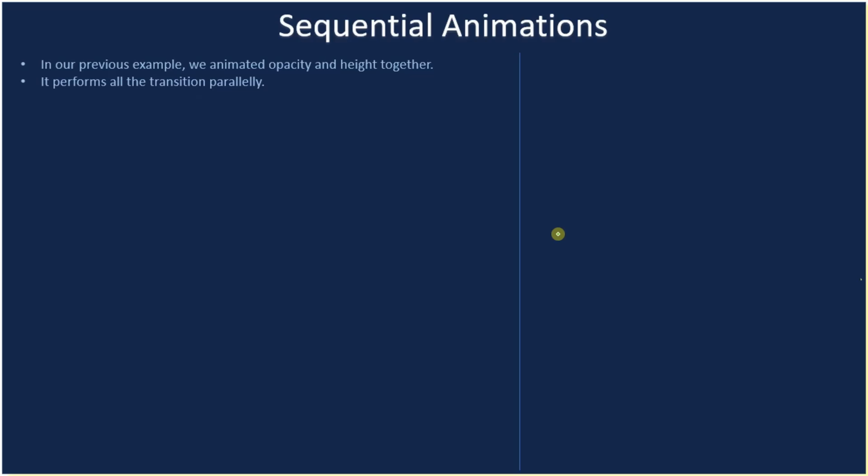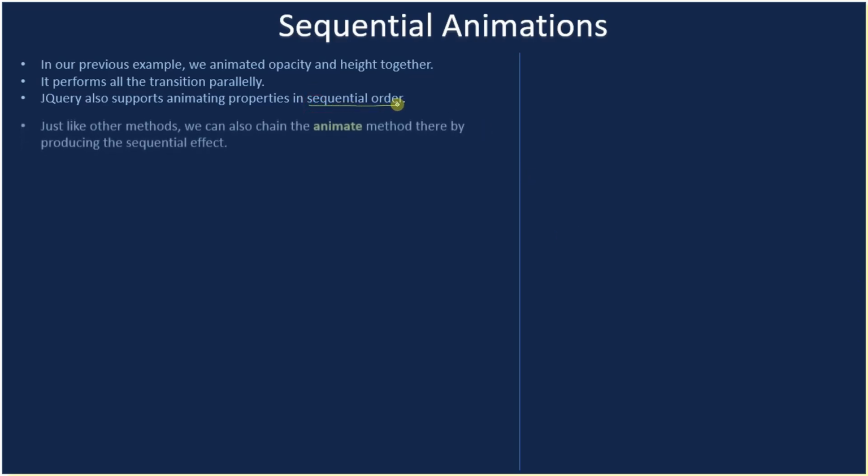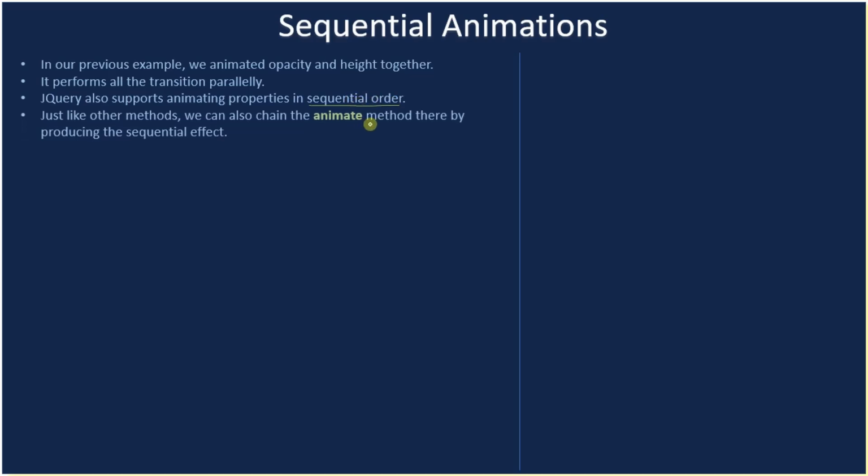It performs all the transitions parallelly. jQuery also supports animating properties in sequential order. Just like other methods, we can also chain the animate method, thereby producing the sequential effect.